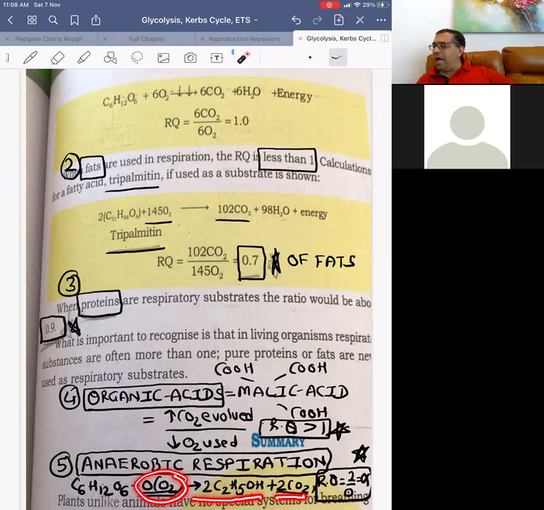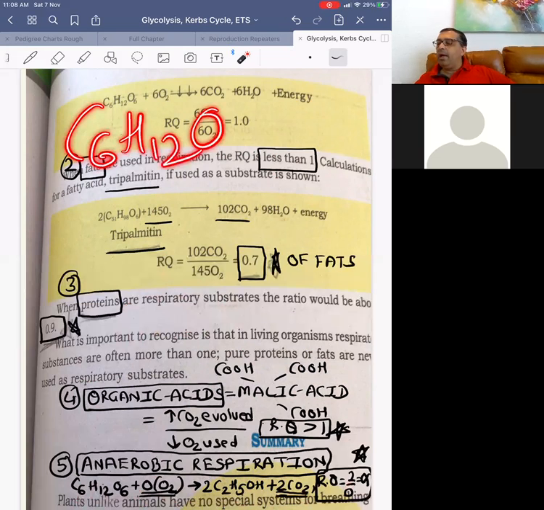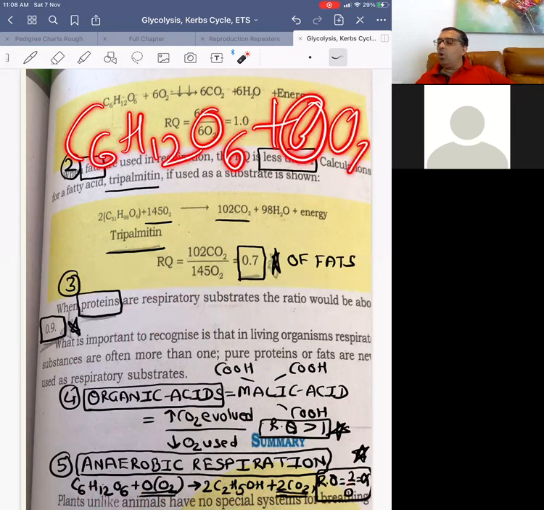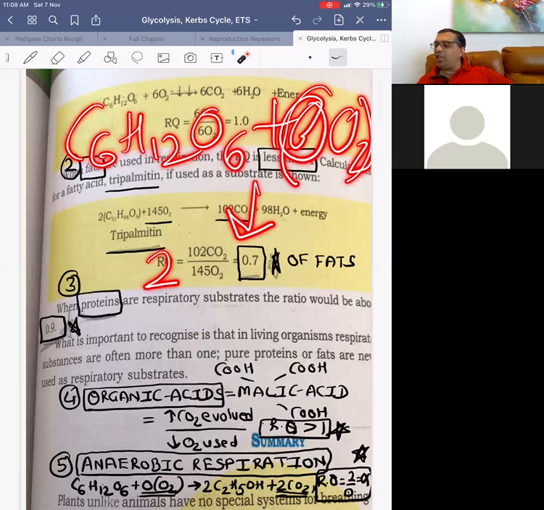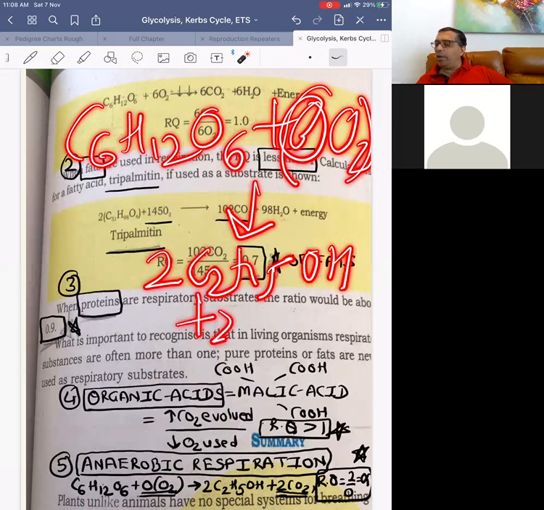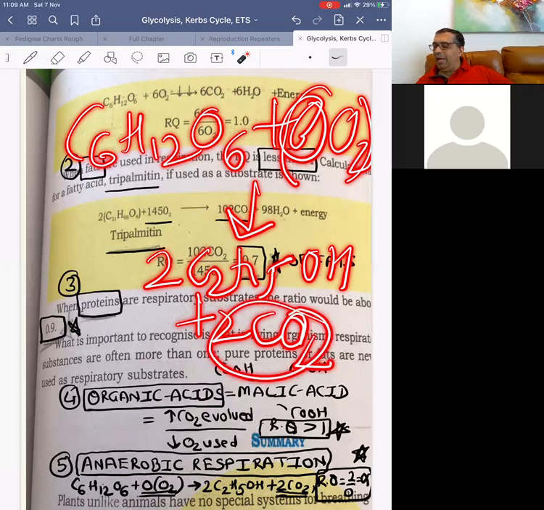So, how much will be RQ? तो RQ कितना होगा?